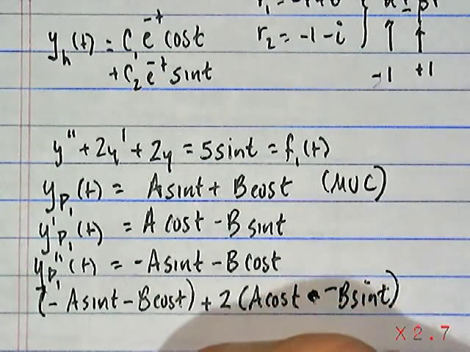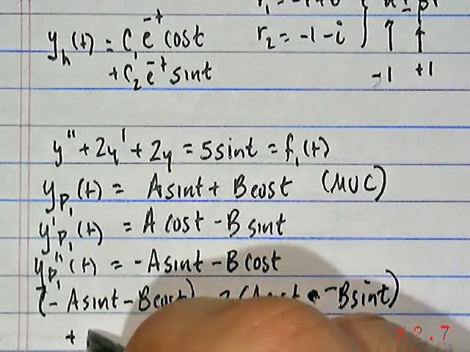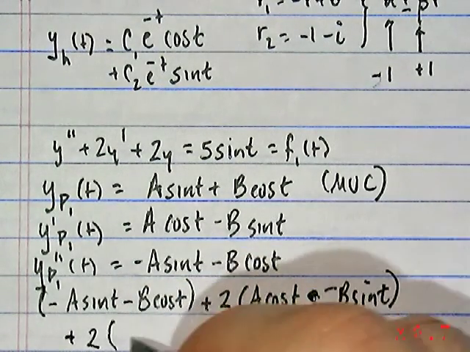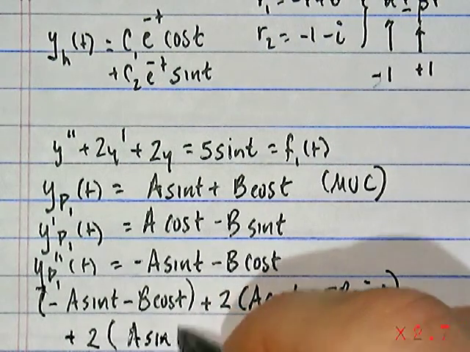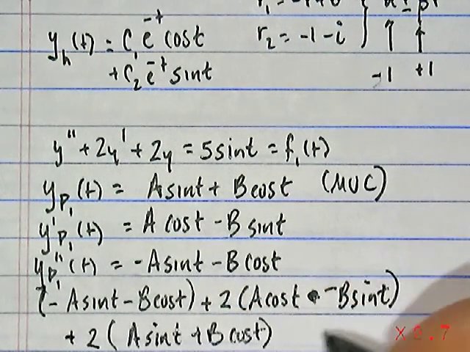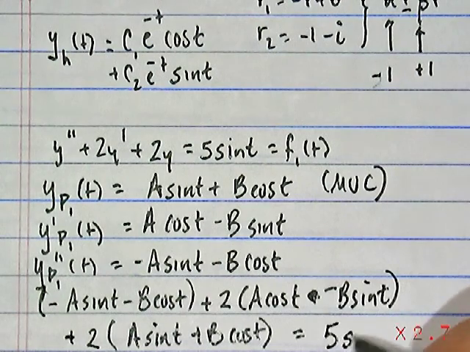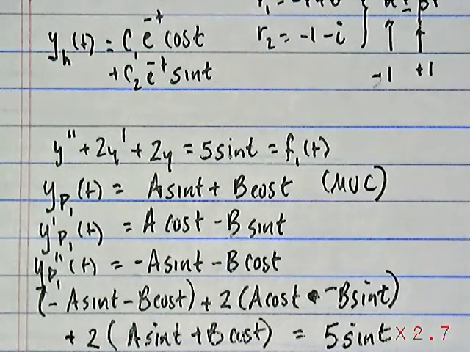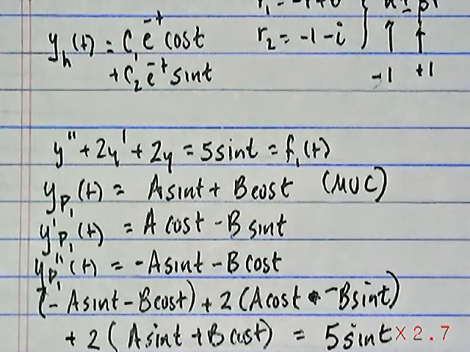And then what we'll have to do is add 2 times our solution, our guess for the solution, which is a sine t plus b cosine t. And that all has to be equal to 5 sine t if it solves the equation up here.